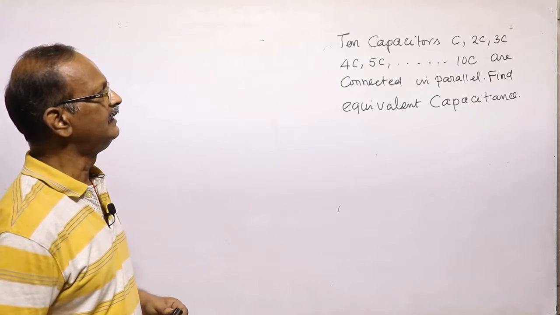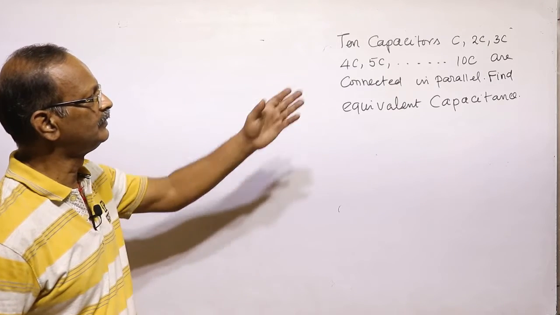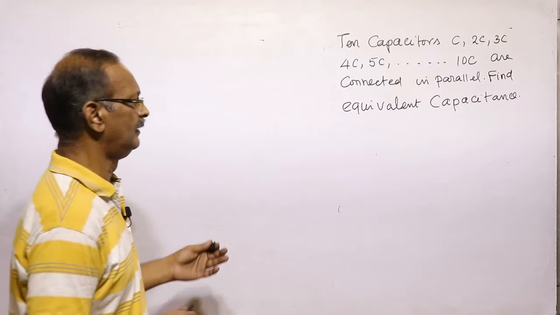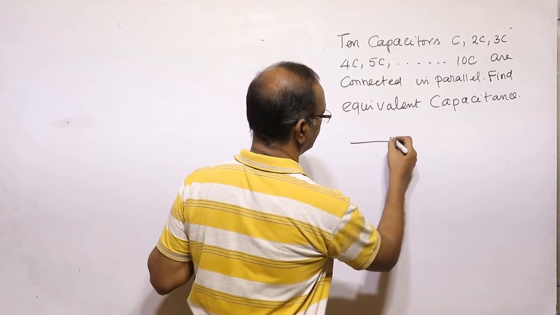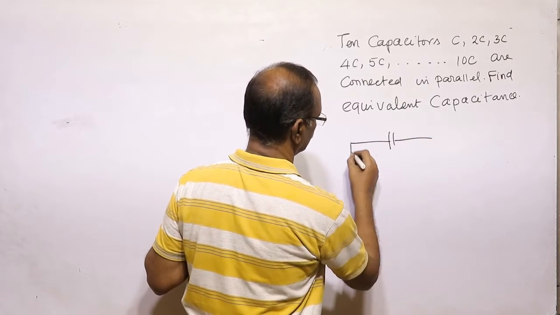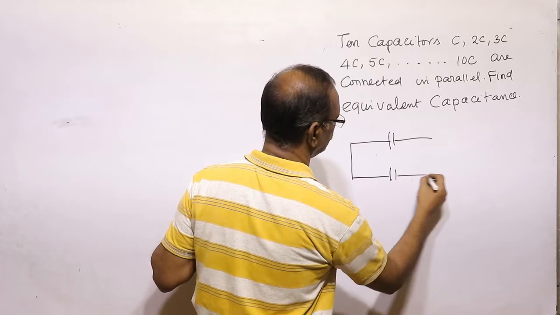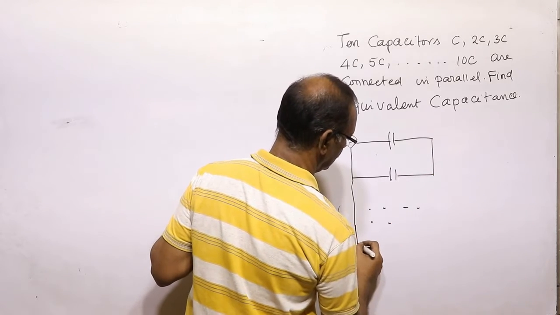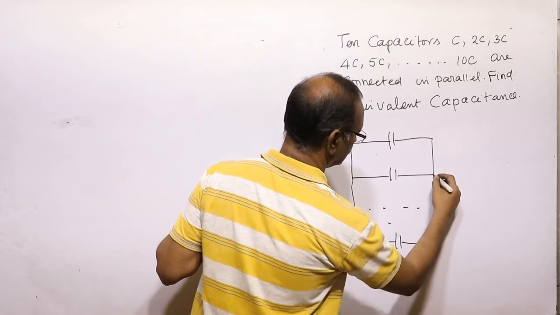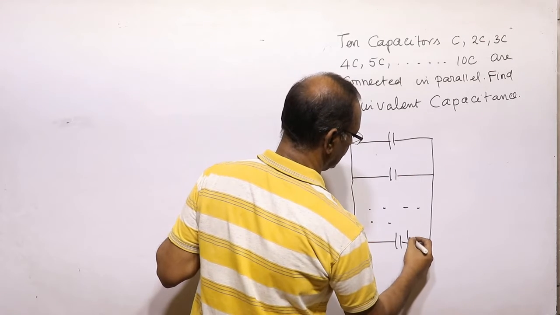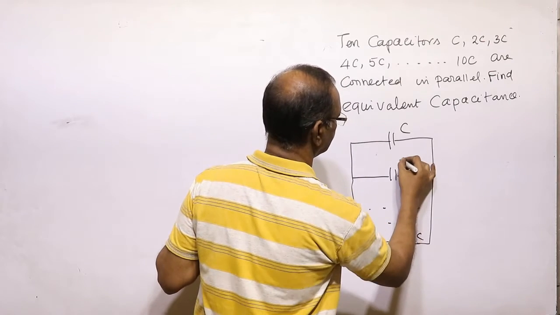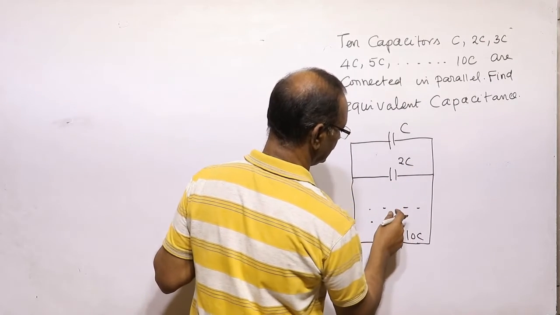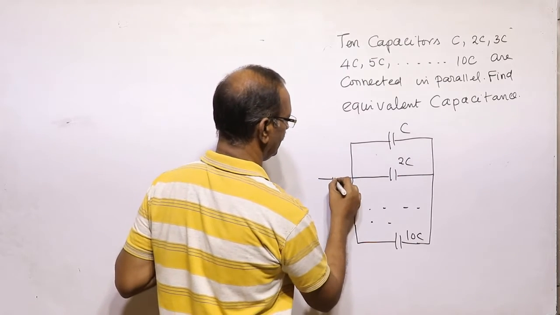10 capacitors C, 2C, 3C, 4C up to 10C are connected in parallel. It means 10 capacitors: 1, 2, up to the last one, which is 10C.